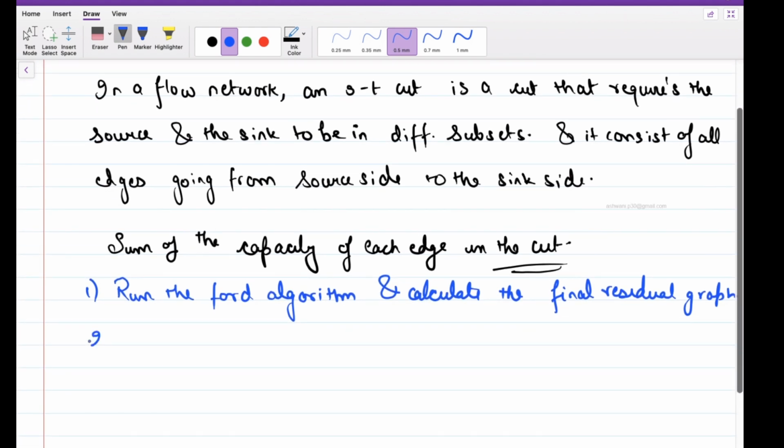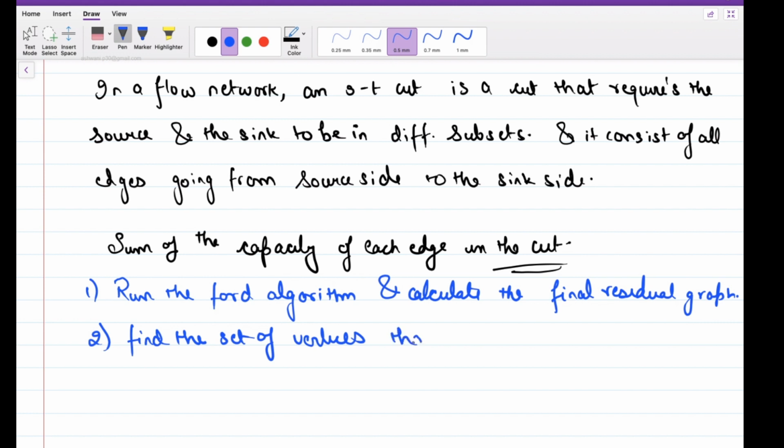And then after calculating the final residual graph, all we are supposed to do is find the set of vertices that are reachable from the source. All the vertices that are reachable from the source will belong to the S component, in which the source is present.